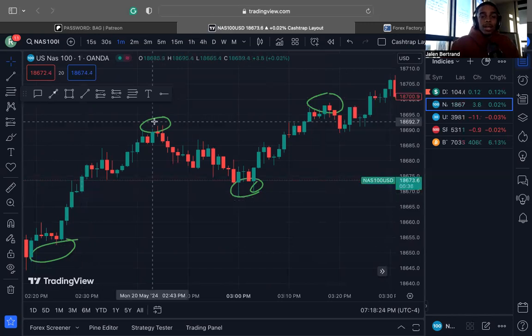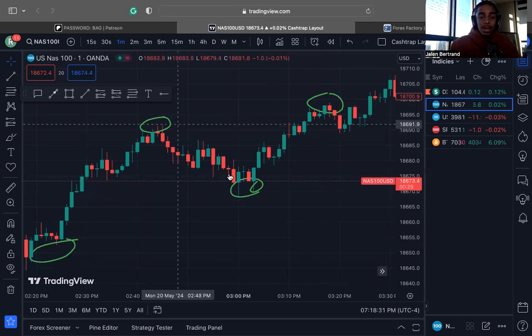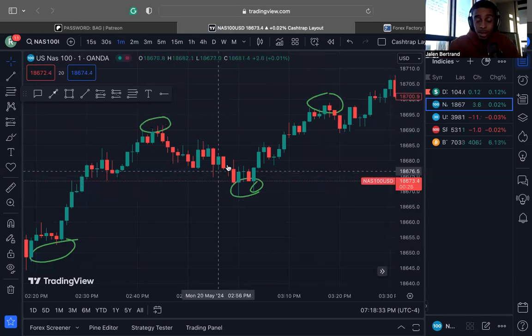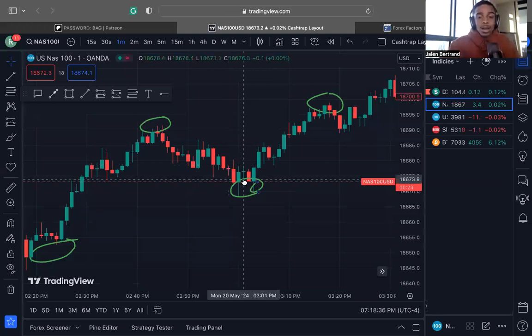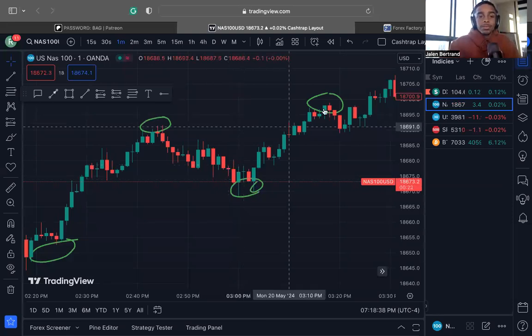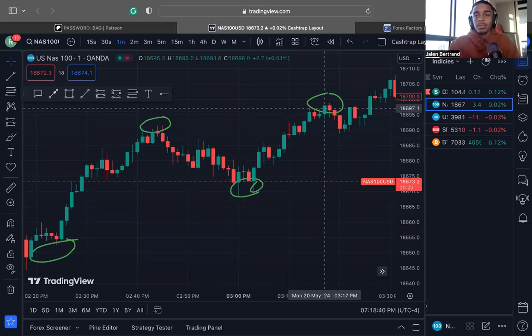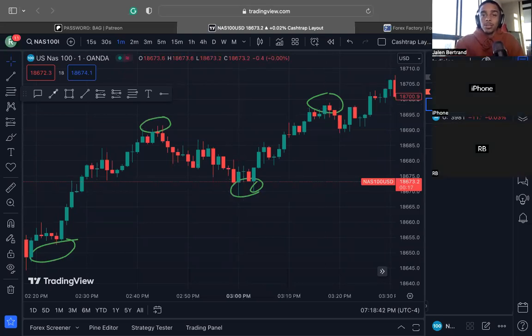We don't want to get in at the high because we're expecting price to continue going higher. So what happened? Price came down, took its break, retraced, and then made a continuation, which basically meant price is going to continue to move in that direction.